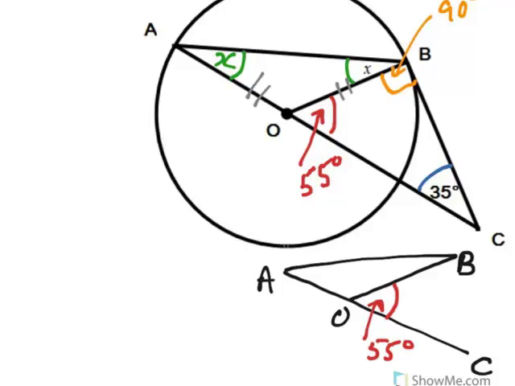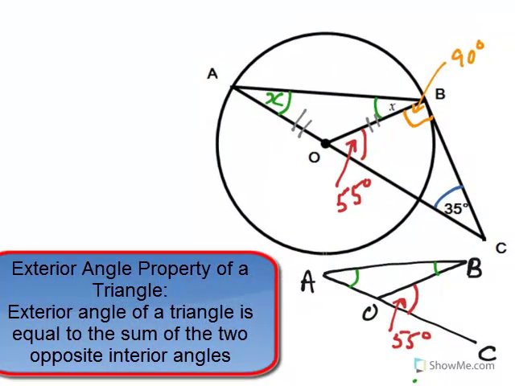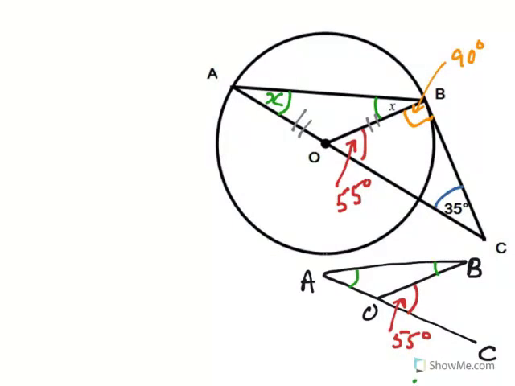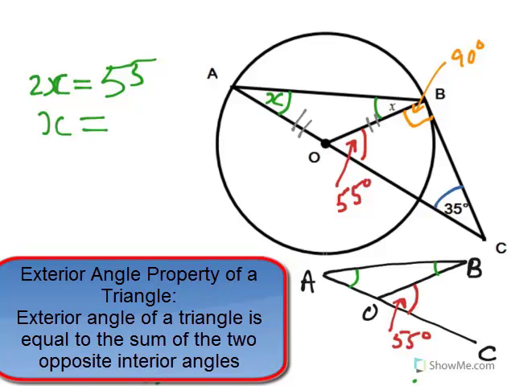And that exterior angle is equal to the sum of the two opposite interior angles. There is a video tutorial on the exterior angle property of a triangle. Well, both of those angles are x, so we can write that 2x equals 55 degrees, so x equals 27.5. Excuse the writing. Okay, so the reason is the exterior angle property of a triangle.